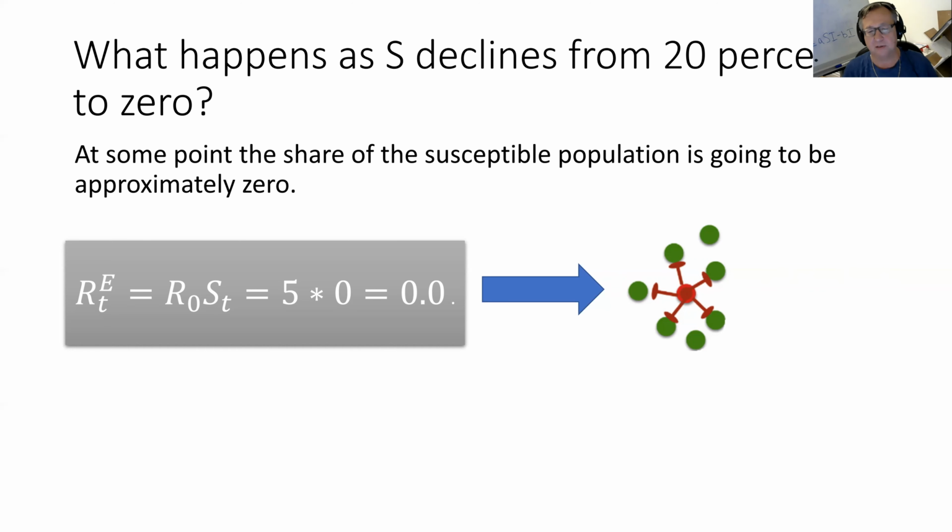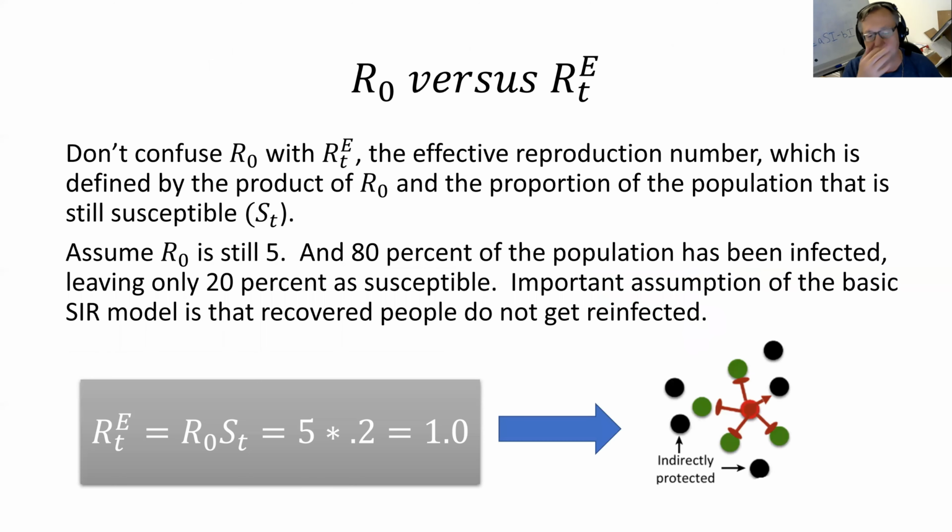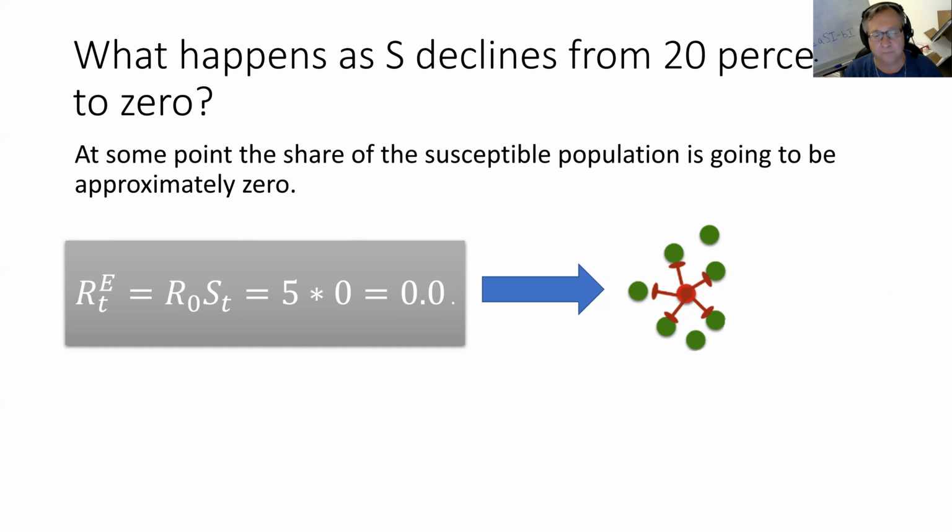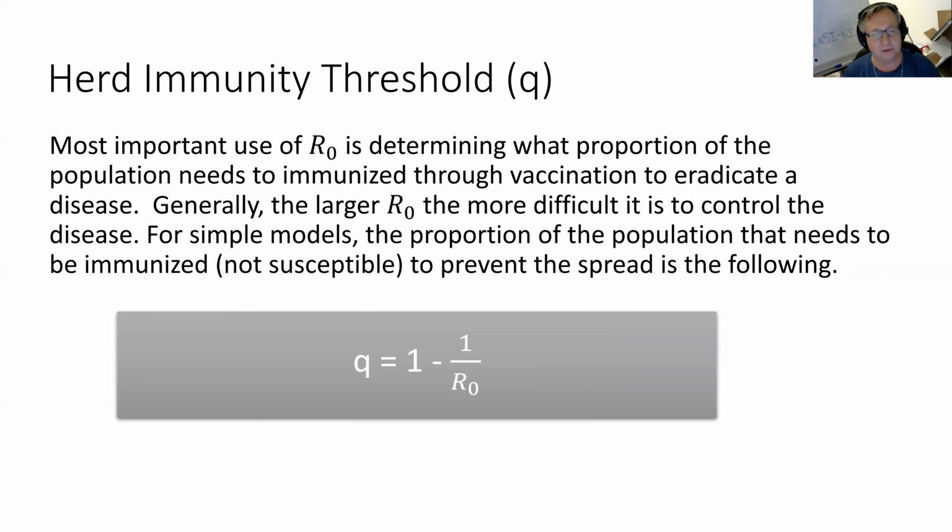So you might say, well, that's kind of a ridiculous example, but it's trying to show that as the proportion of the susceptible population continues to decline from 0.2 to 0, this effective reproduction rate is also going to be declining after it reaches 1. Okay, so that sort of explains the intuition.